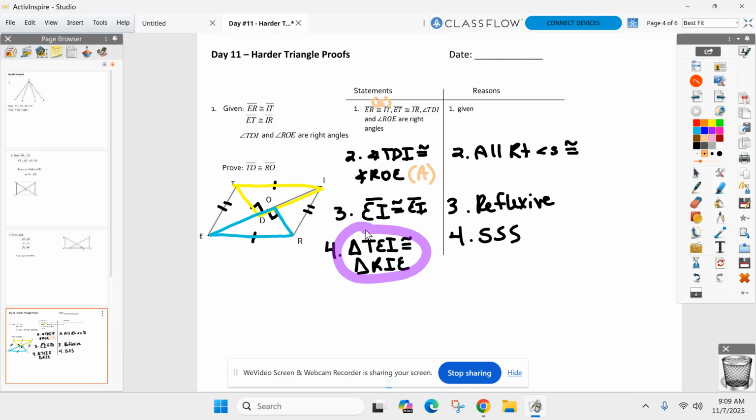Find a pair of angles or a pair of sides that both sets of triangles have, because that's going to be my missing pair I needed at the beginning of this. Can you find a pair of sides or angles that both sets of triangles have right now? Because that is going to be your missing pair that we needed for the highlighted triangles.